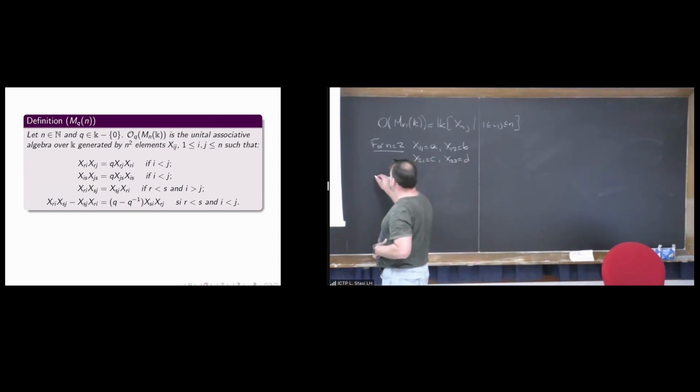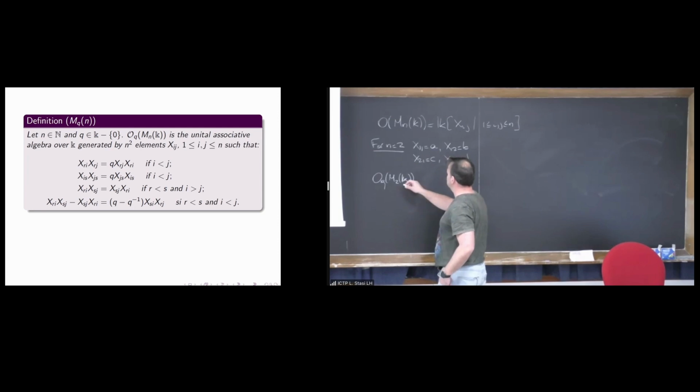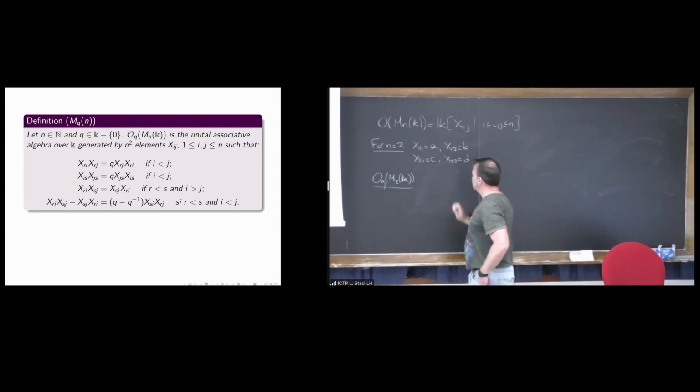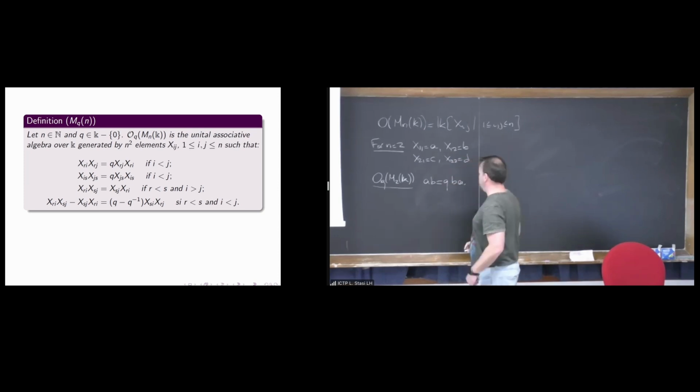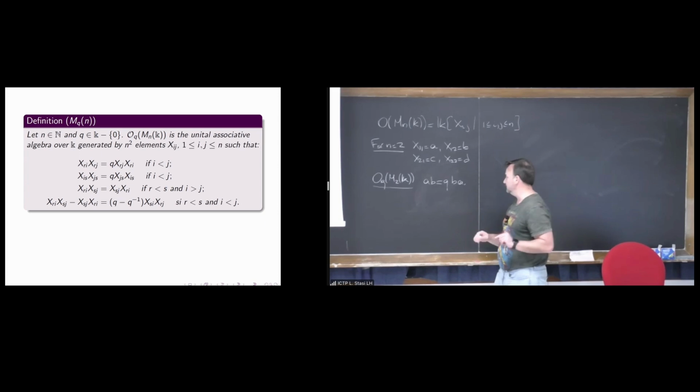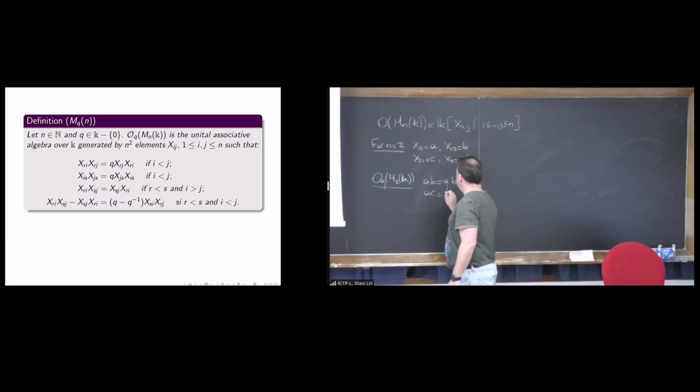So in this case, O_q(M2) is generated by these 4 letters satisfying the following relations. Let's start with the first row. AB is q BA, so A and B q-commute. A and C is q CA, so q-commute.